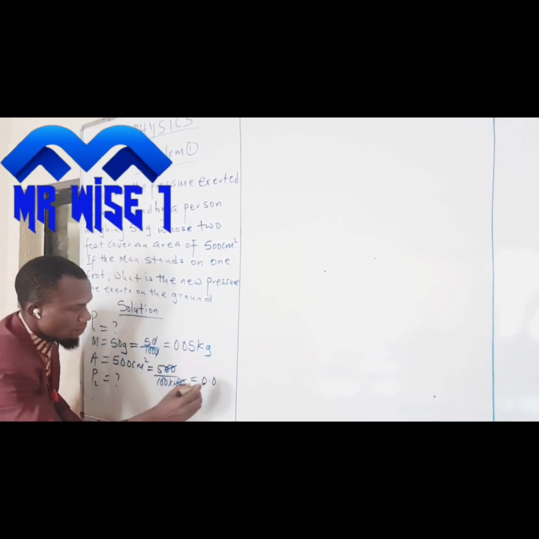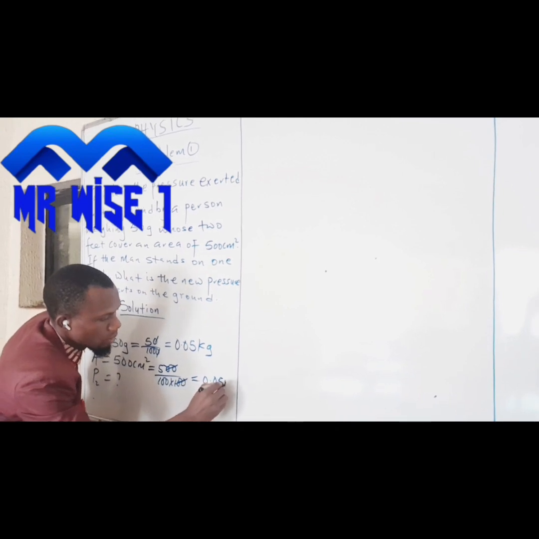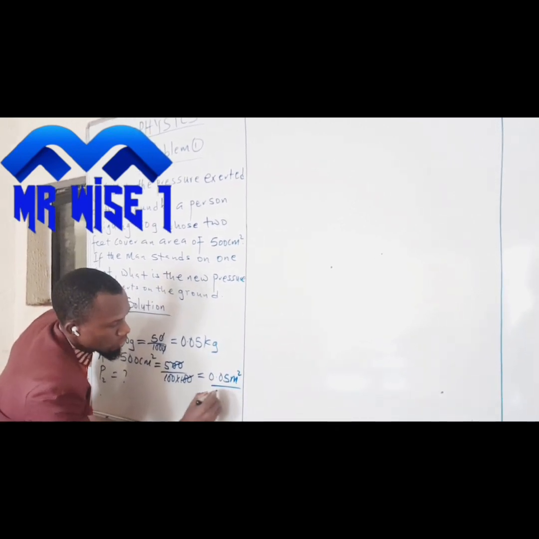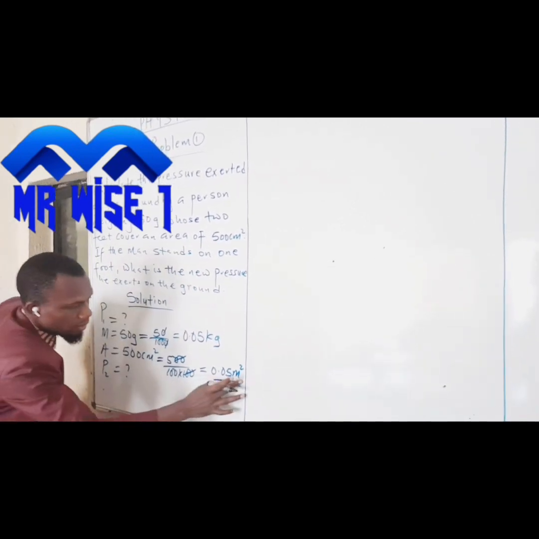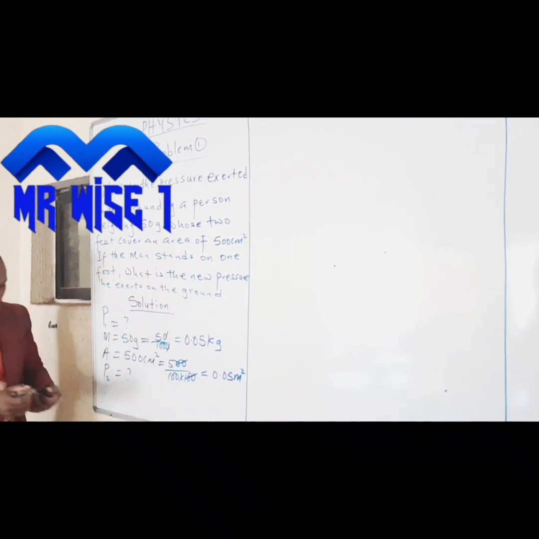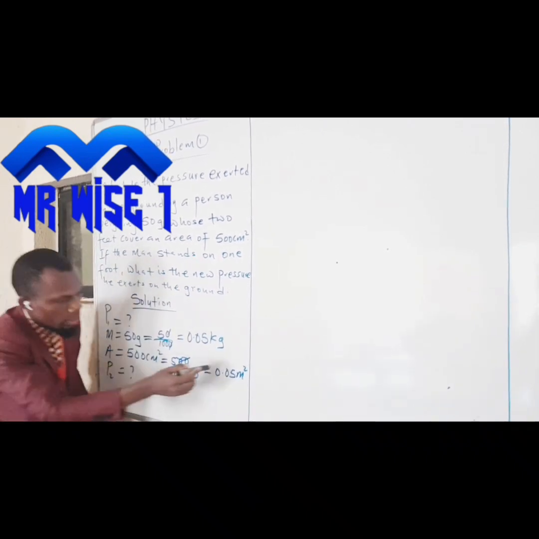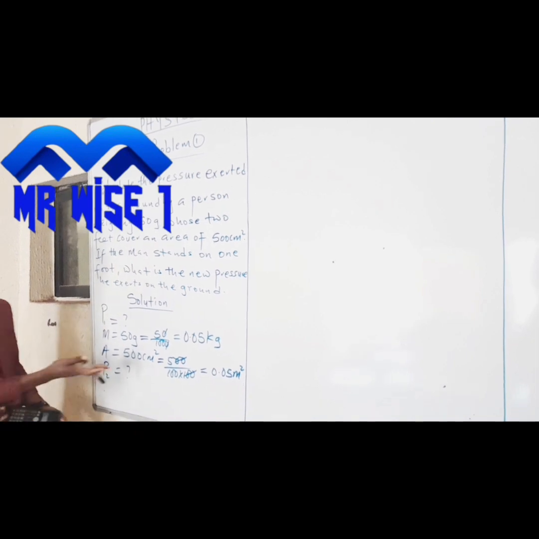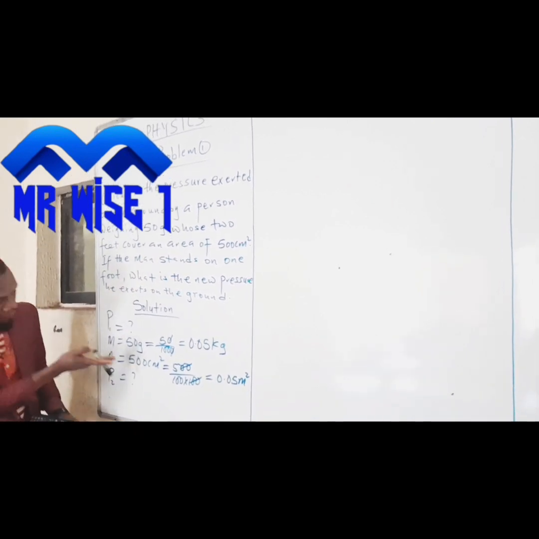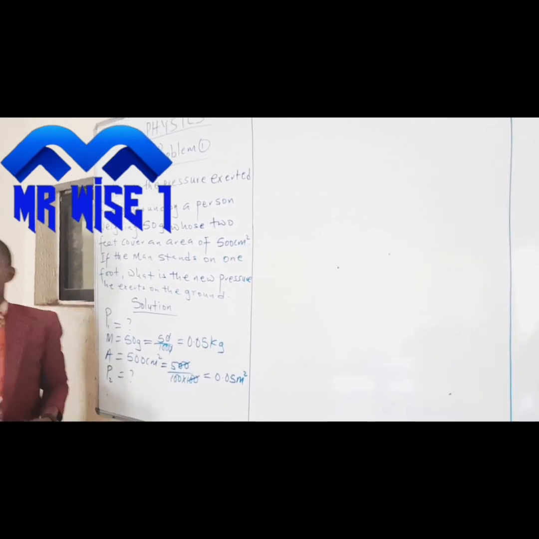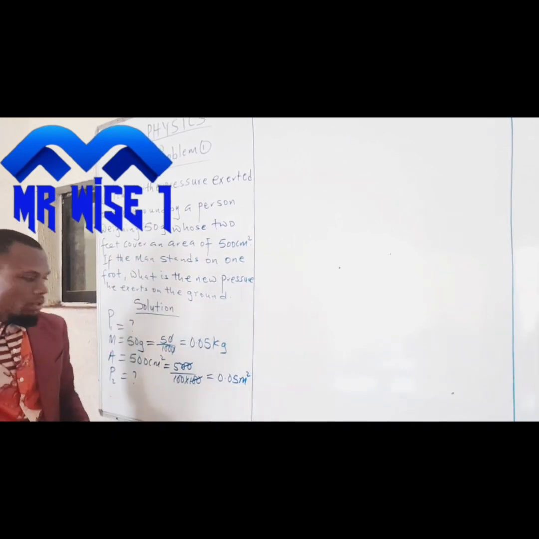Divided by 100, I'll have 0.05 meter square. So my area is now 0.05 meters square. I changed it from 500 centimeters square to 0.05 meter square.